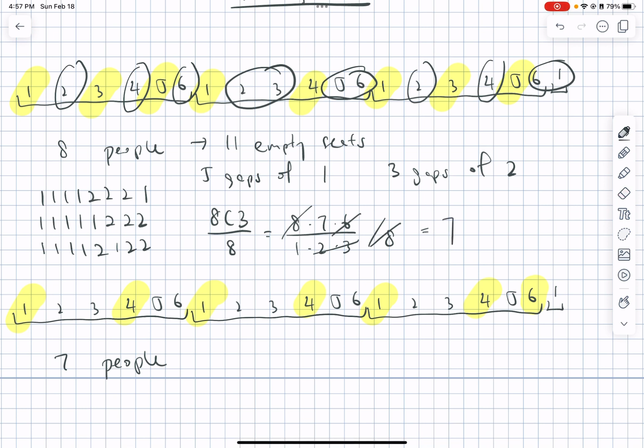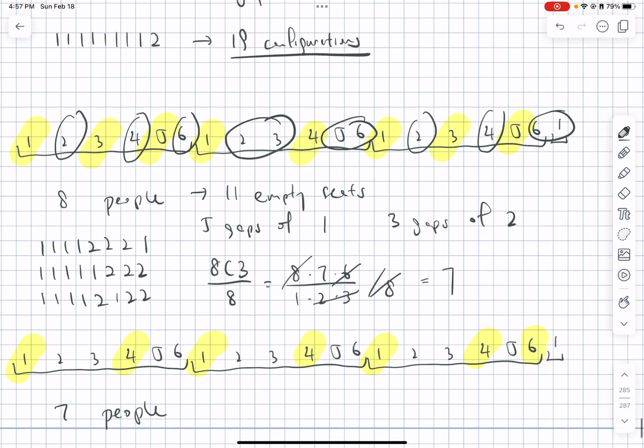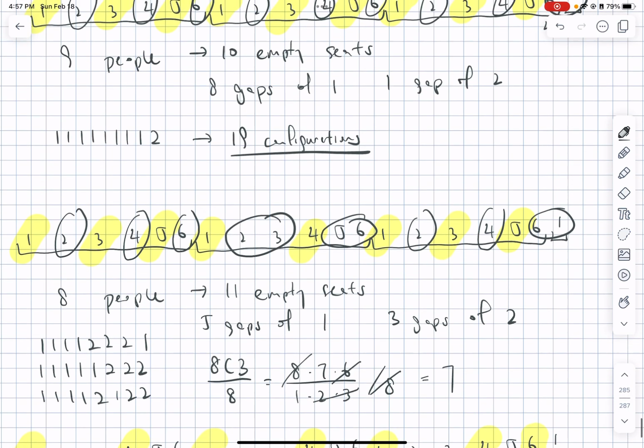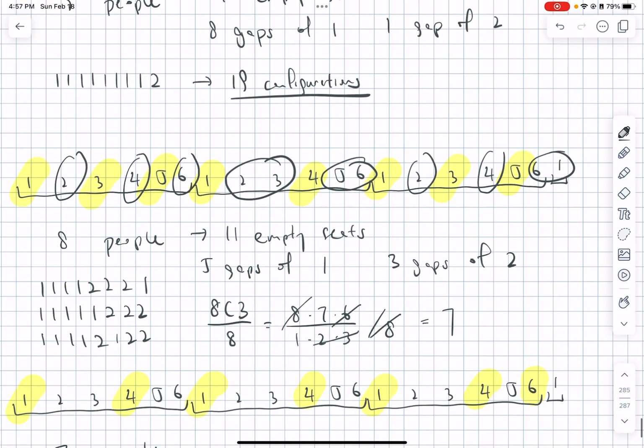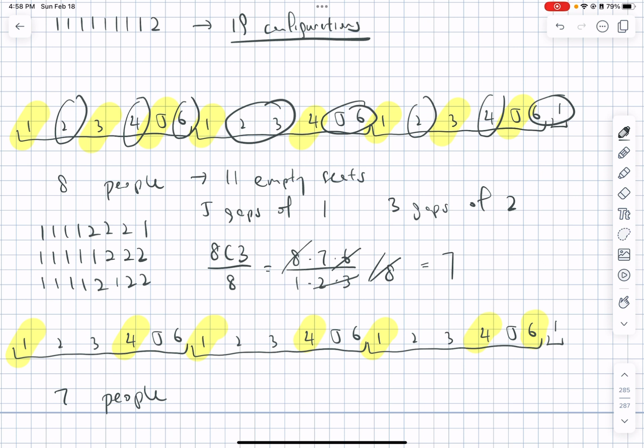And for every way we arrange the 1s and 2s, we can rotate them around 19 times, just like we did in the case where there's 9 people. We can rotate every configuration around 19 times clockwise until it matches the previous configuration, and then it becomes the same. So in our answer, there's going to be 7 times 19. This is equal to 133 configurations.